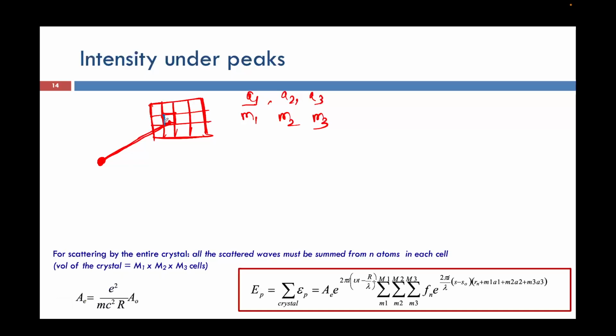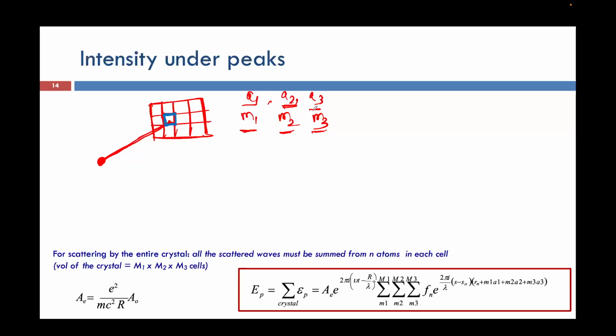This particular unit cell which I am highlighting right now is present after M1 unit cells in the A1 direction, M2 unit cells in the A2 direction, M3 unit cells in the A3 direction. I am just considering that, right?